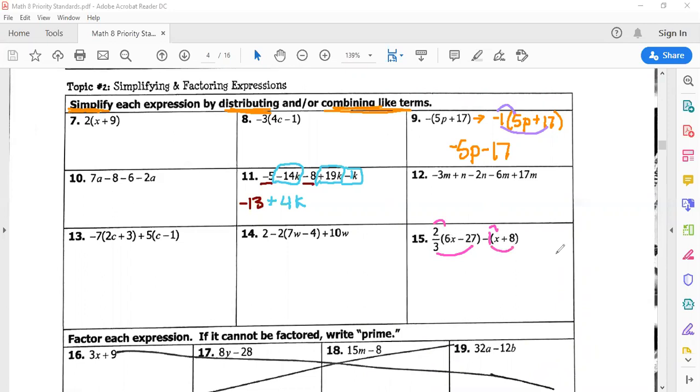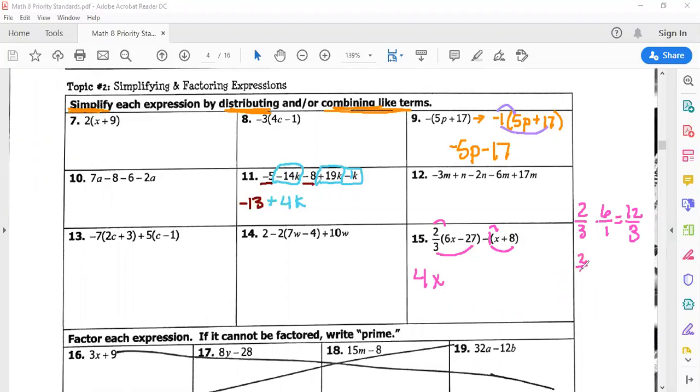2/3 of 6. Now let's just write this over here. It's 2/3 times 6/1, which equals 12/3. And that equals 4. So now we have 4x. Now we have 2/3 times -27.